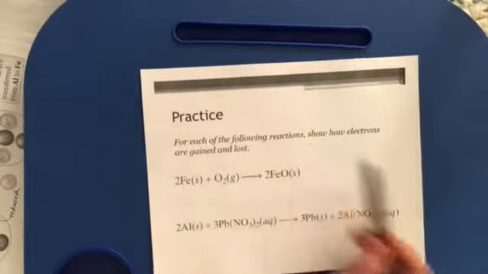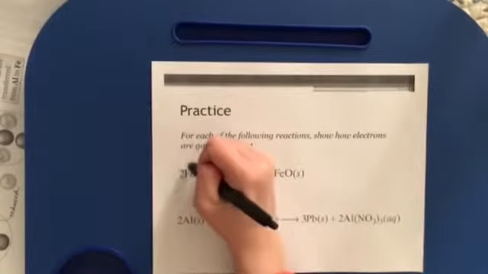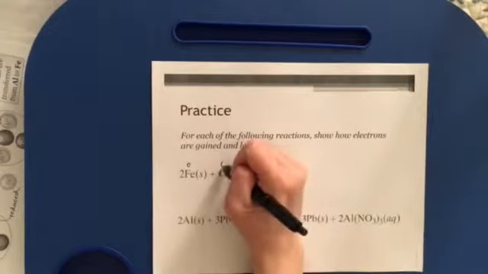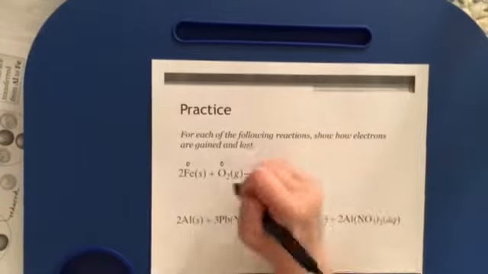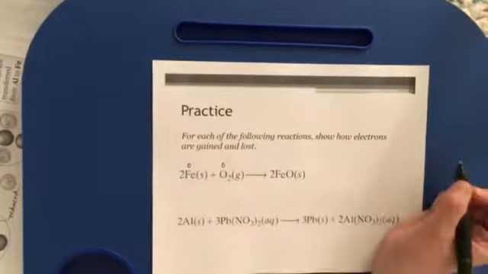So for each of the following reactions, show how electrons are gained and lost. Here you've got iron with a 0 charge, oxygen with a 0 charge, and because elemental oxygen always exists as O2, that's why there's that 2 there.